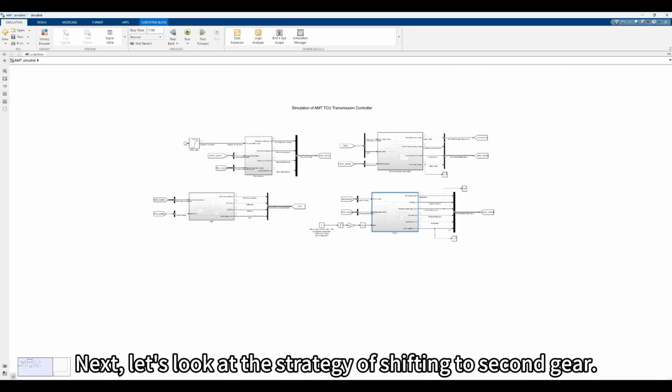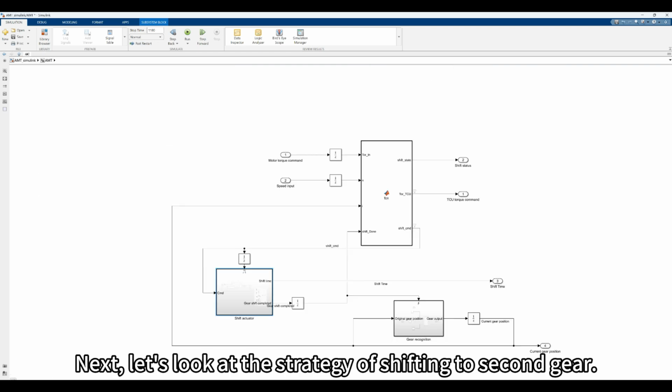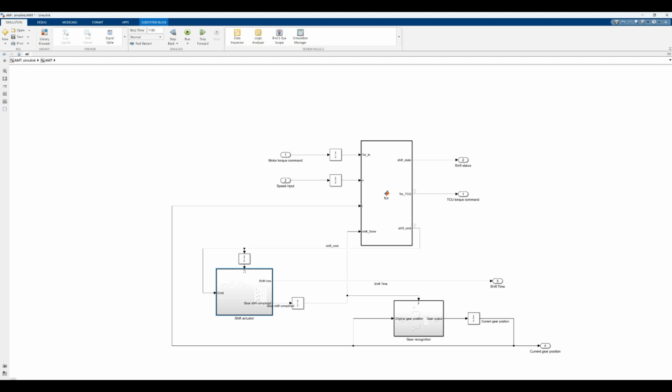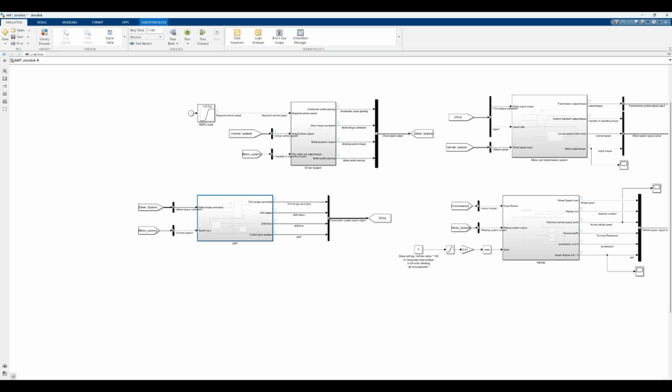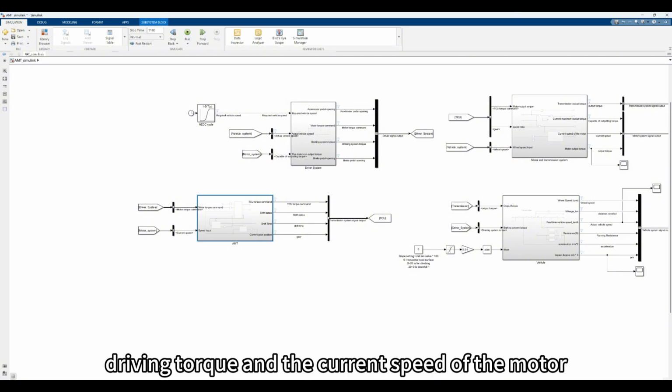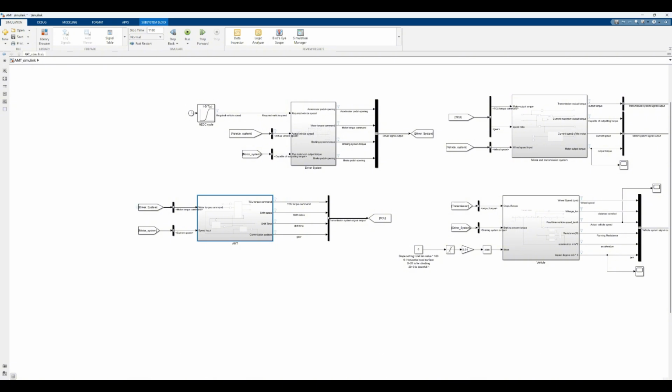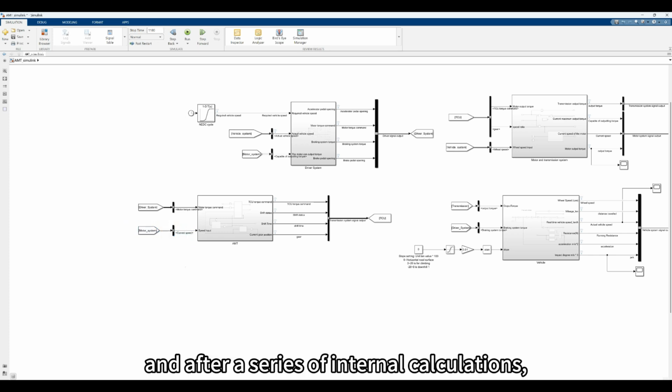Next, let's look at the strategy of shifting gears. This system mainly uses the motor's demand driving torque and the current speed of the motor as inputs, and after a series of internal calculations, outputs the state and time of gear shifting.